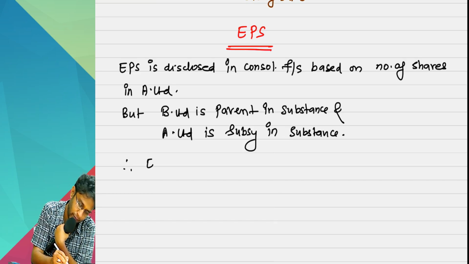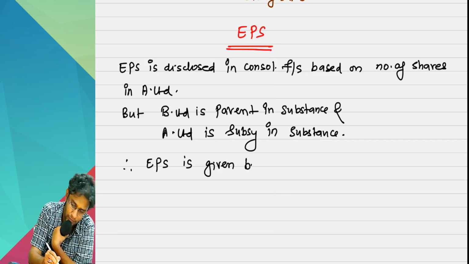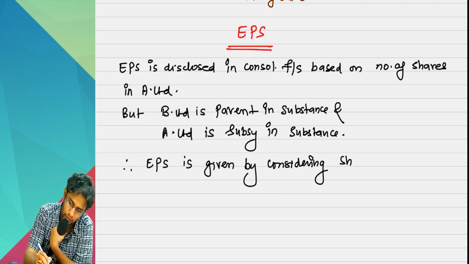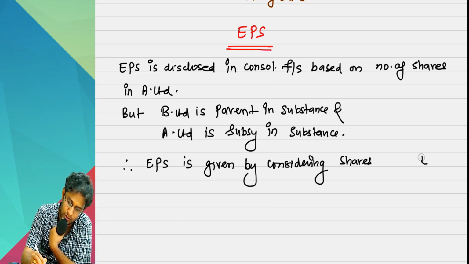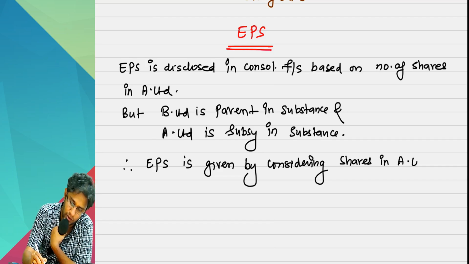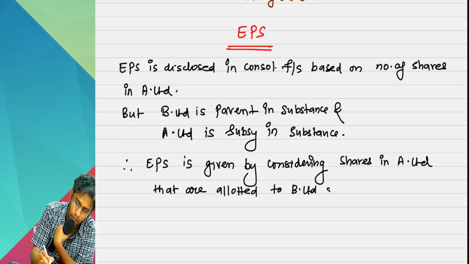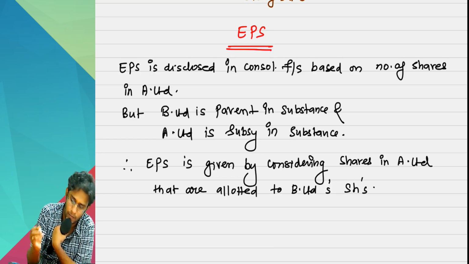Therefore, EPS is given by considering shares in A Limited that are allotted to B Limited shareholders.